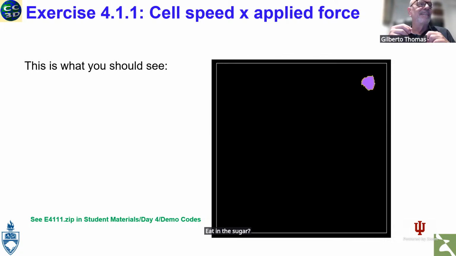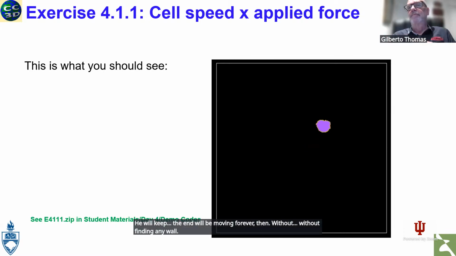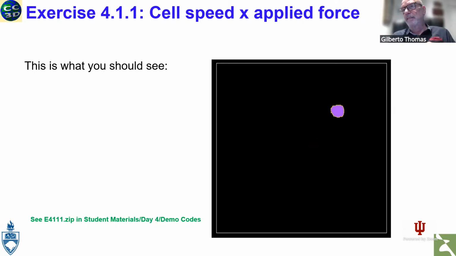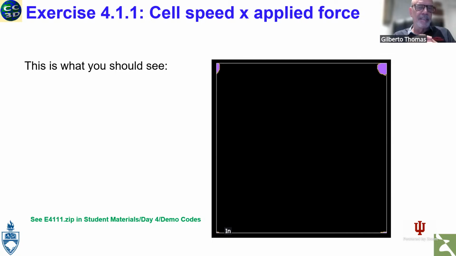He will never reach the end of the environment. The ant will be moving forever there without finding any wall. This is what we do when we implement the periodic boundary conditions in this 2D grid.